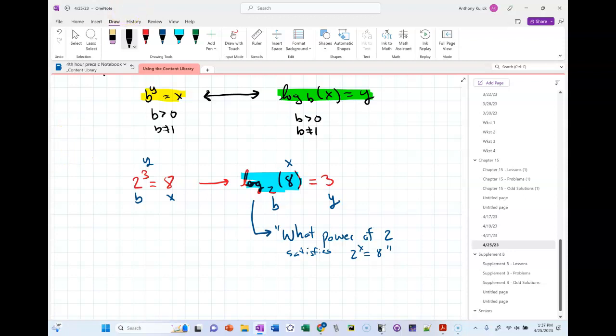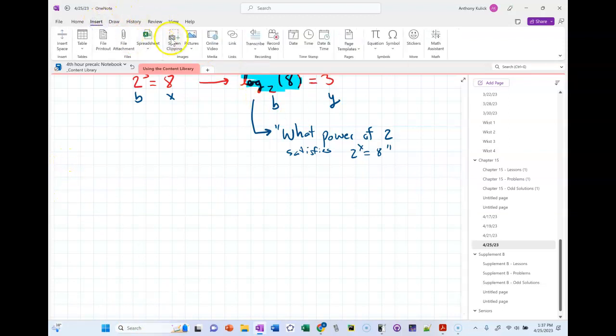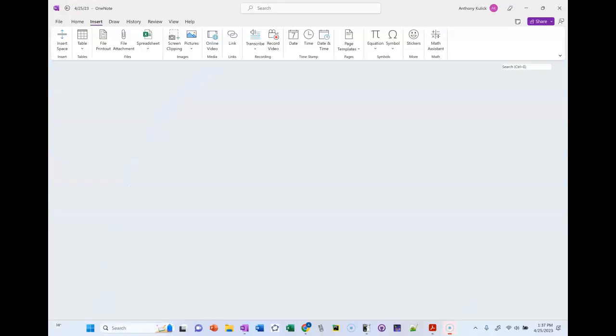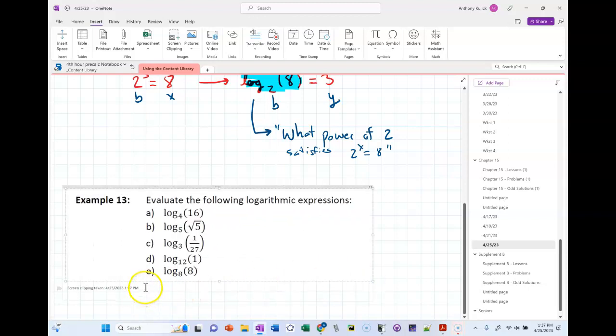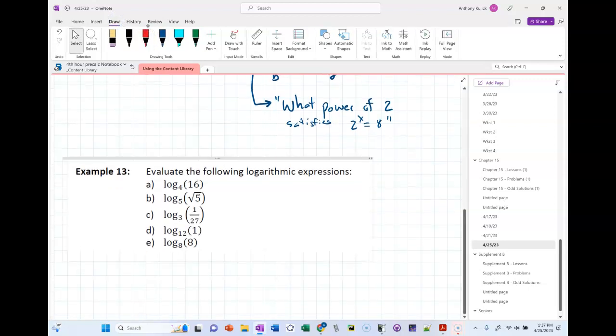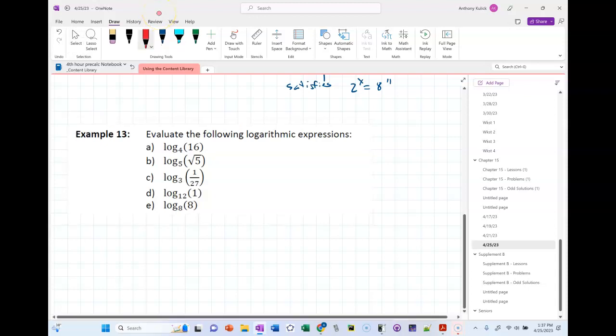Okay. So let's do a little bit of practice here on using that definition of logarithms. The directions here say evaluate the following logarithmic expressions.